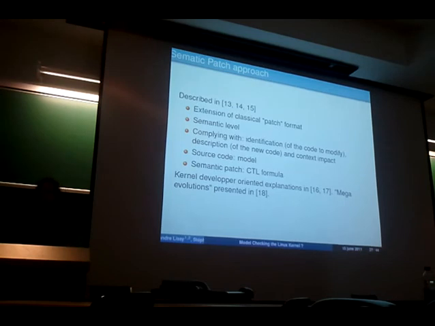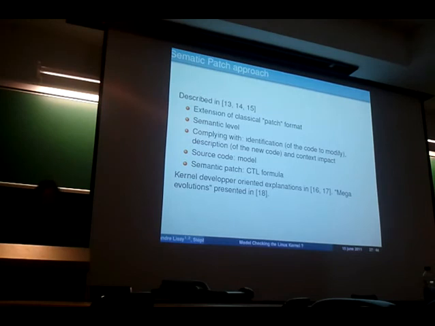This patch format was chosen because it was easy to understand for kernel developers and also self-explanatory. So it was a good way to exchange information. It was textual, so it's easy to read, with no need for special software to read it, and it can serve as documentation of changes.